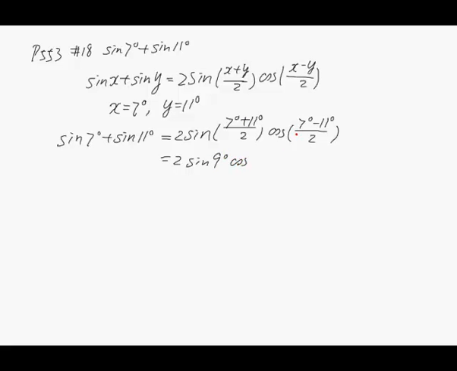And then cosine of 7 minus 11, negative 4, over 2, you have negative 2 degrees. And we know cosine is an even function, right? For an even function, f of x is equal to f of negative x. So this is equal to cosine of 2 degrees. And since it's not easy to find the exact value of these two function expressions, we just leave the answer in this form.